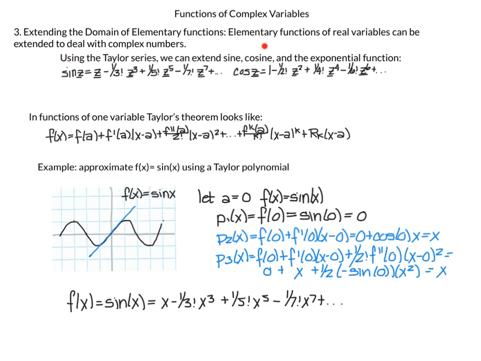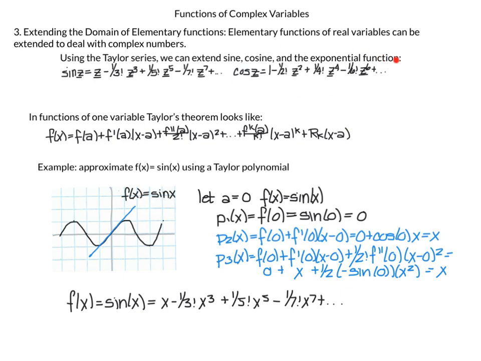First, we'll look at the sine and the cosine. And actually, we worked on this in a previous video, so I'm not going to do all the work, but I have it here for your reference. I'll just say that we used Taylor's theorem to expand what sine will look like, and what we found is the polynomial that approximates the sine function is z minus 1 over 3 factorial z cubed plus 1 over 5 factorial z to the 5th minus 1 over 7 factorial z to the 7th, and you keep going for odd numbers, and the signs alternate.